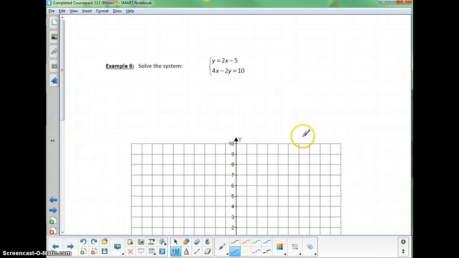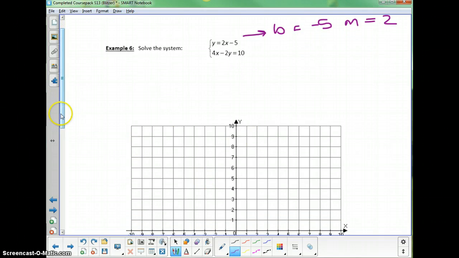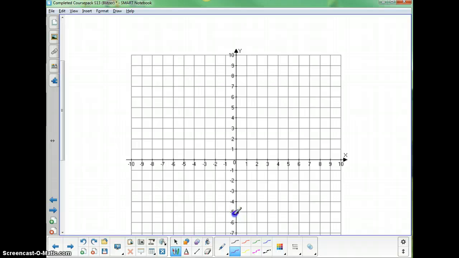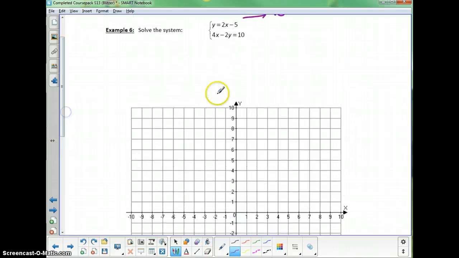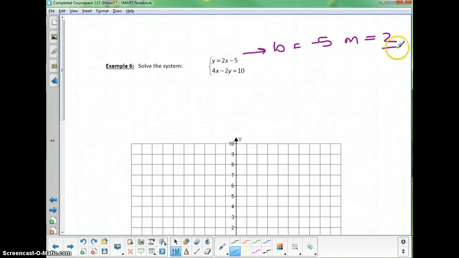Okay, let's solve this system. I'm going to go ahead and graph the first line. That line is already in the right form. I know the b value is -5, the m value is 2. So when I graph this, the b value is -5, the m value is 2, which is 2 over 1.